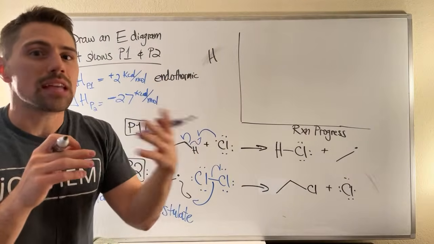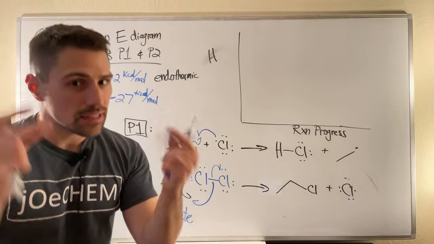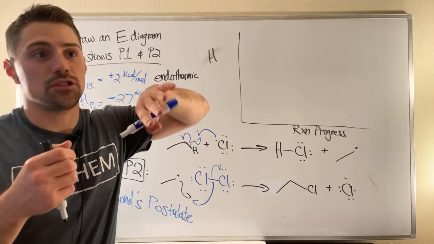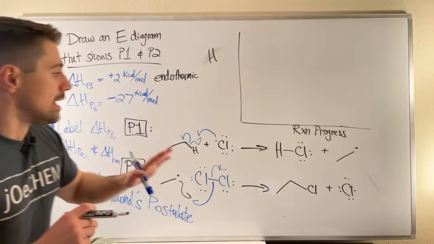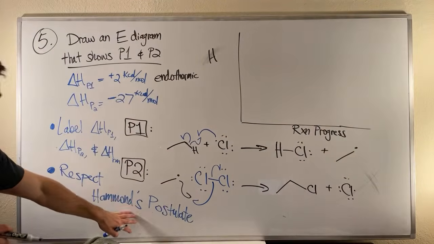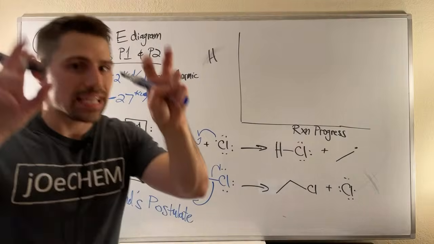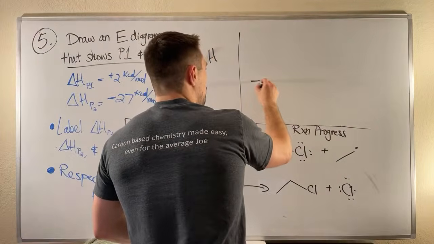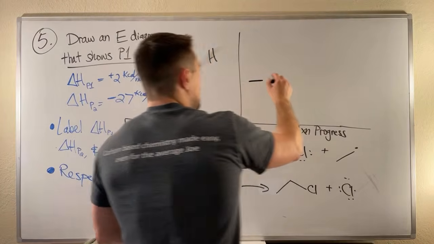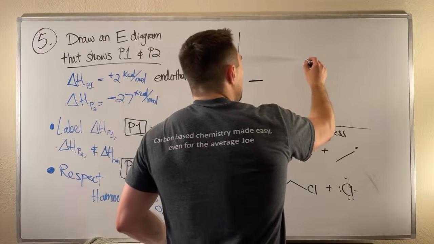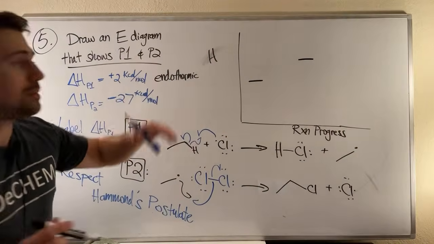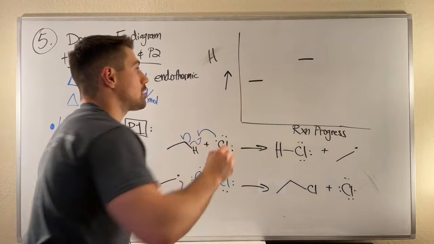It takes a little bit of time for the reaction to click. You're chugging along, and then all of a sudden towards the end, it gets over the hump. That's why Hammond's postulate says you have a late transition state. So for this first one, you can pick anywhere from where you're starting, and what I know for sure is I'm going to end up higher than where I started. Endothermic means you gain energy, an increase in energy.